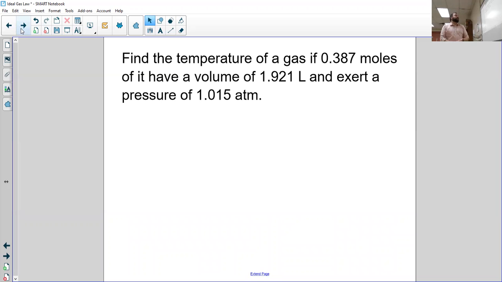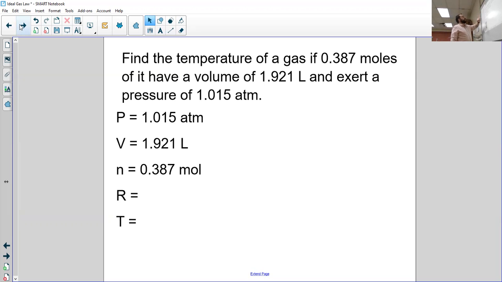All right, first example we're going to do together. Find the temperature of a gas if 0.387 moles of it have a volume of 1.921 liters and exert a pressure of 1.015 atmospheres. So we're going to write down what we have. We have P, V, n, R, and T. Those are going to be our variables from this problem. So pressure is 1.015 atmospheres, volume is 1.921 liters, and our number of moles is 0.387 moles.